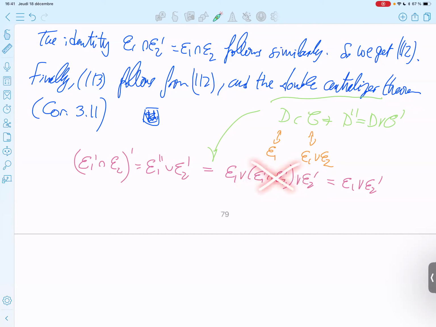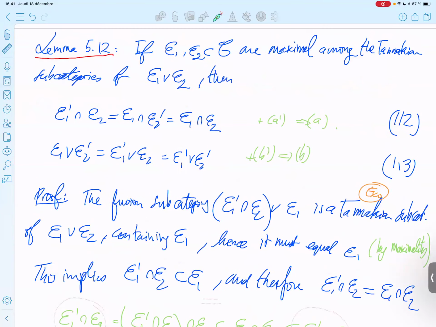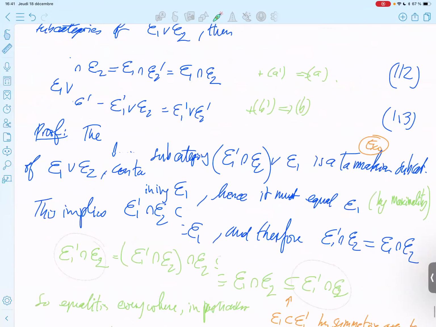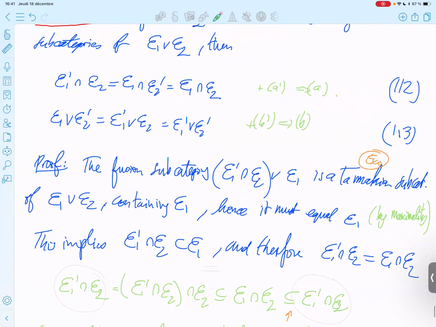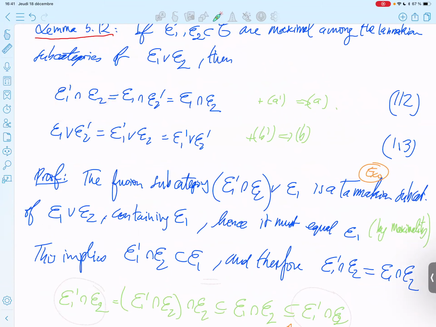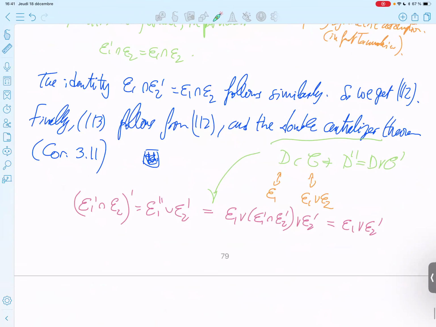You don't need it, so you directly get that. And so because of that, you reapply this one, and you get this equal to this. Yeah, so that's all for this proof.